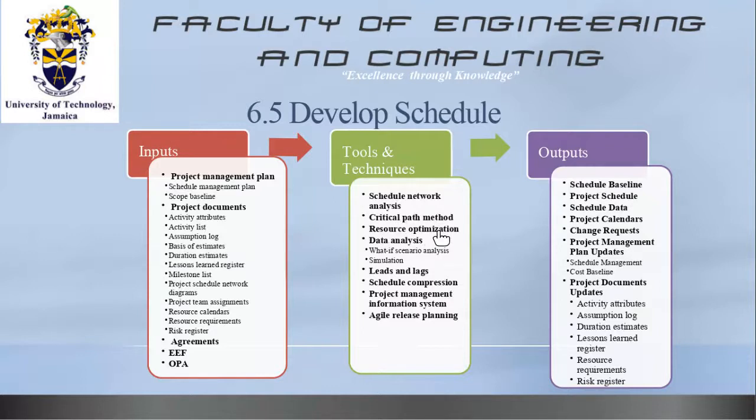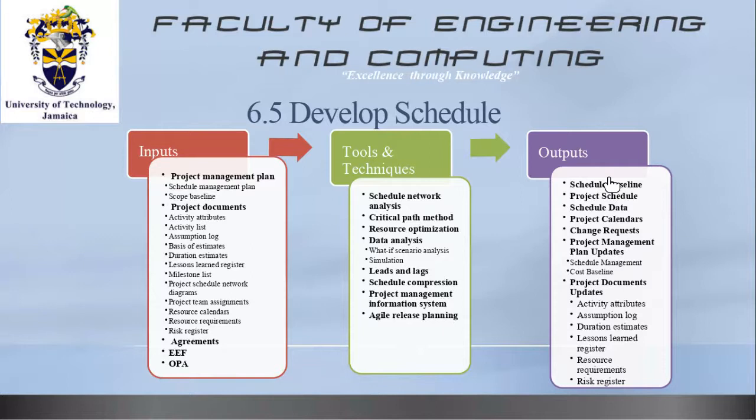We also use resource optimization as a tool, and some amount of data analysis. We engage in applying to our advantage the leads and lags that are on activities. And of course, we can use some schedule compression methods or techniques to assist us in pulling back or getting back on track if we are running into problems.